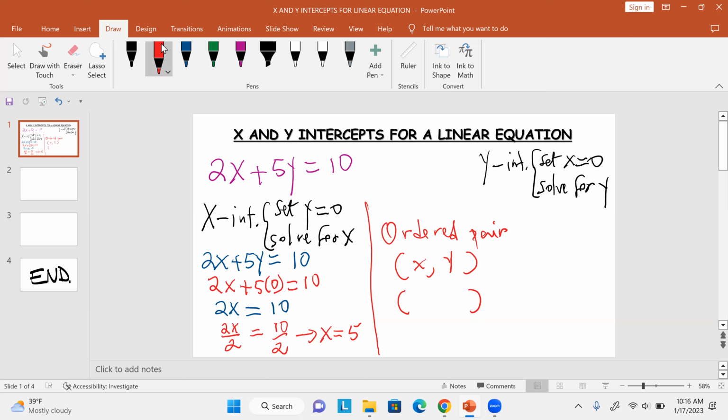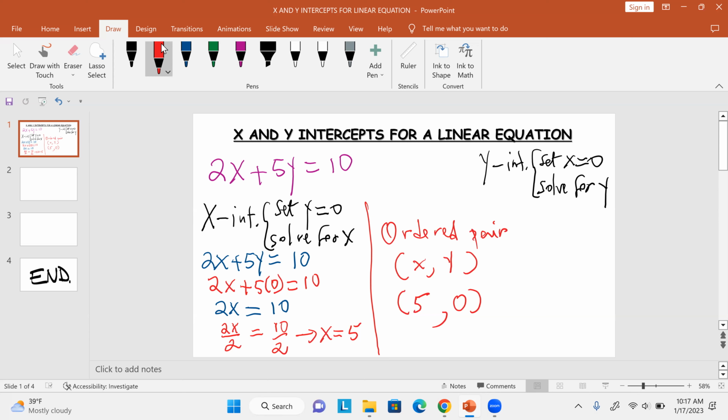Therefore, we're going to have 0 for y, and the x value is the 5 we just found. So remember, every time they ask you to find the x-intercept, on the graph it is where the graph crosses the x-axis. And any point on the x-axis has y value 0. That's why always for x-intercept, the y value will be 0.